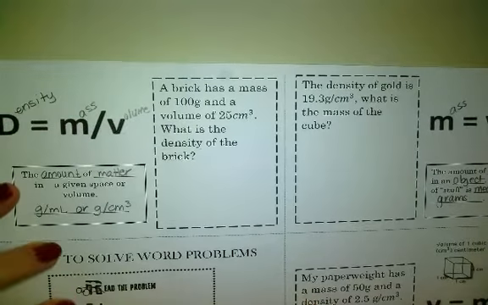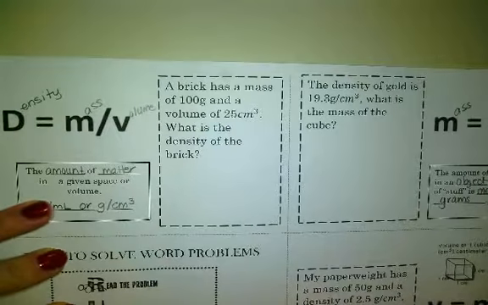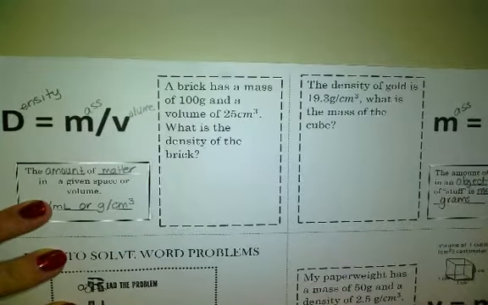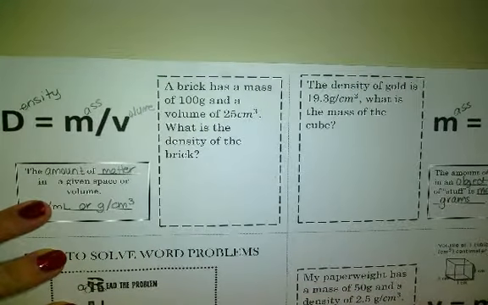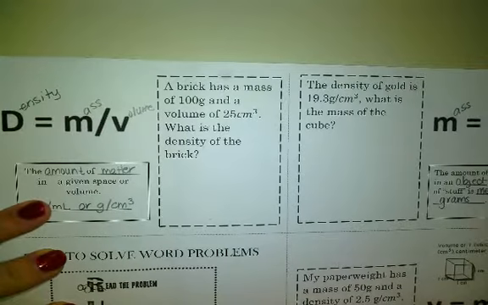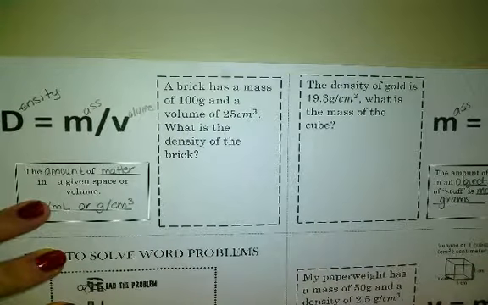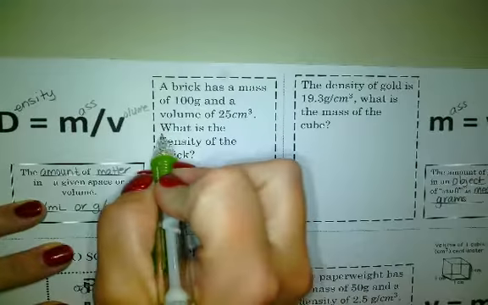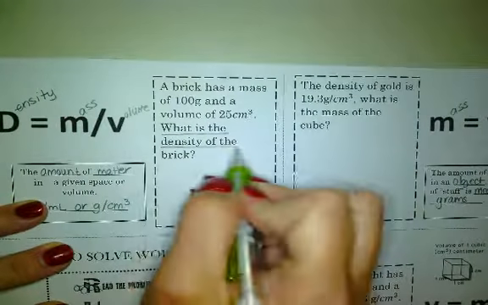So we have read the problem. Now we're going to underline the question. Well, most questions, guys, ask like what, how, stuff like that. So where can we see where it says what, how, or anything like that? So what is the density of the brick? So there's our question. We're going to underline that.